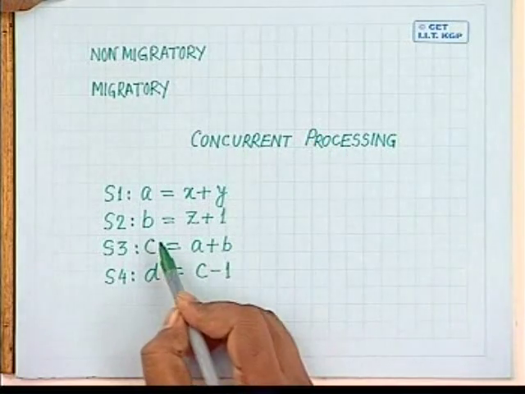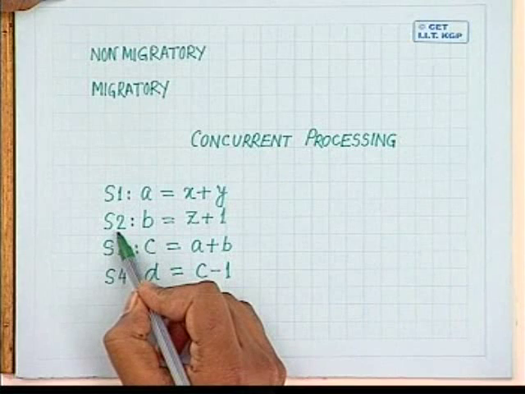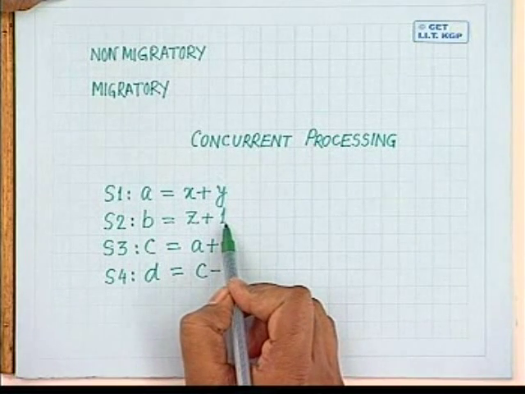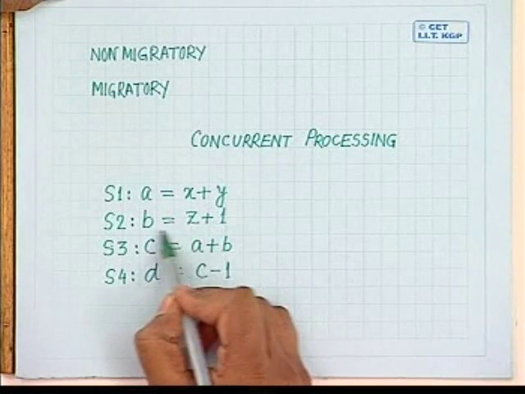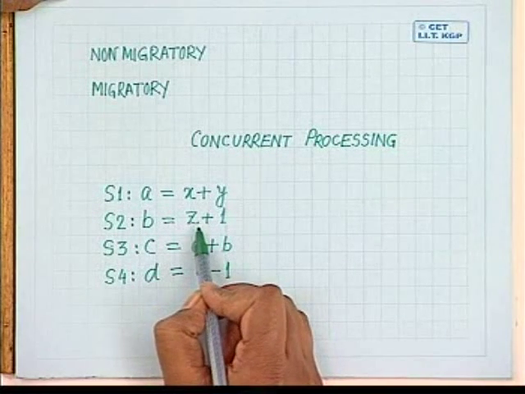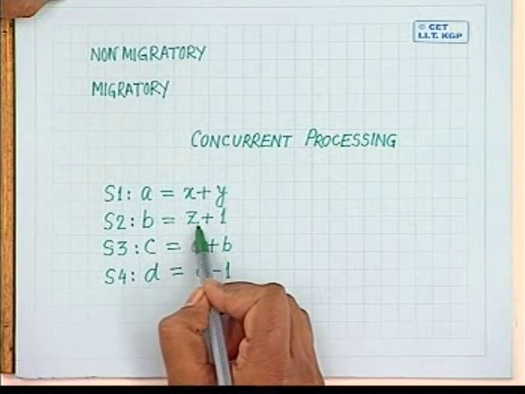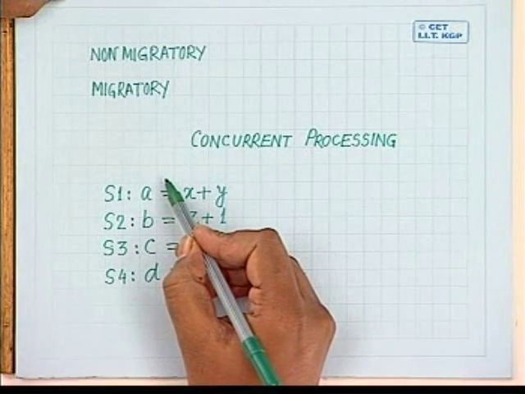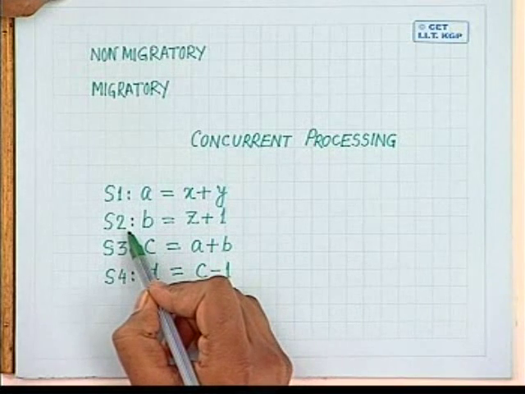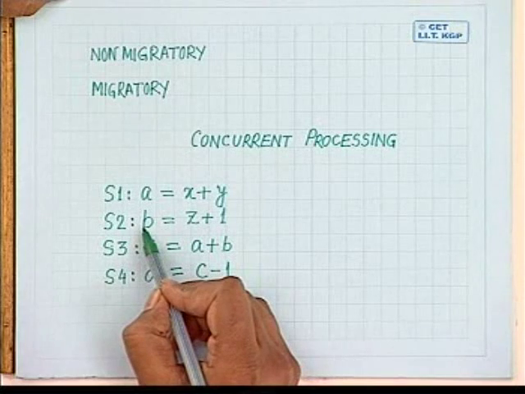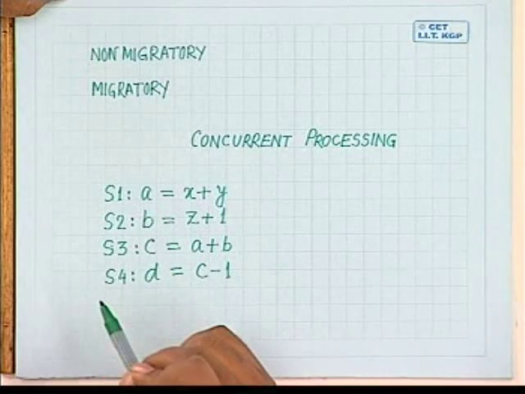Similarly, statement S2 says B = Z + 1. Here the variable used is Z, and Z is not computed in S1. That means for computation of S2, we don't have to wait for the completion of S1.